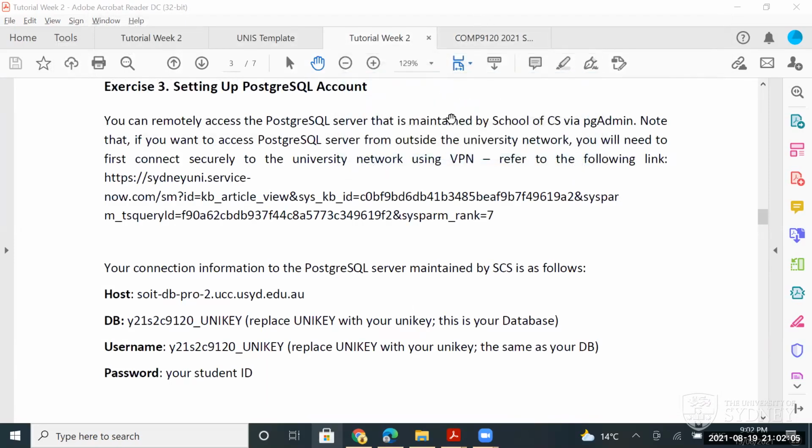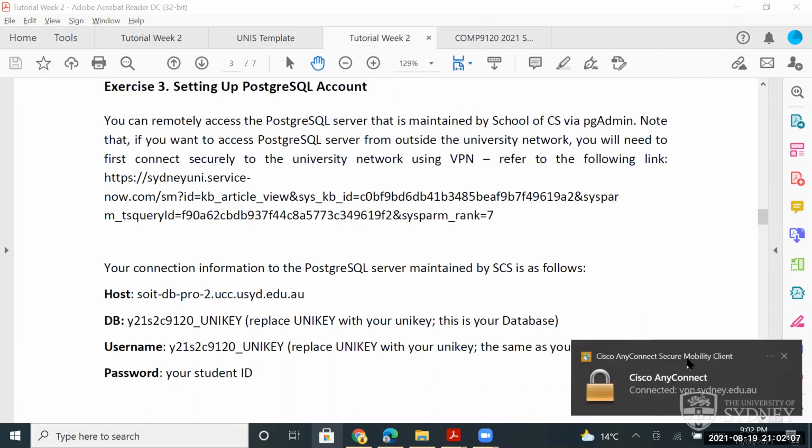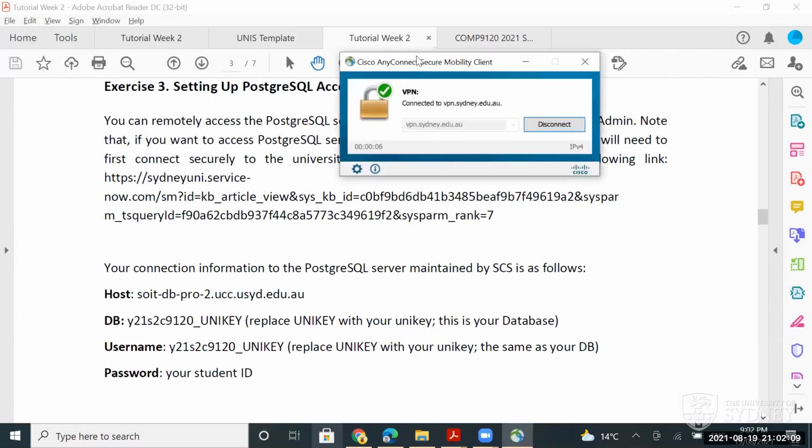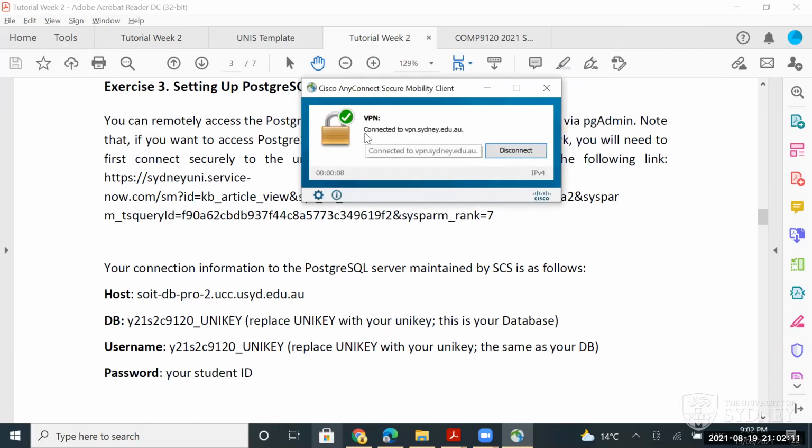Okay, I am now connected. You can see here that I'm connected. You have to make sure that the VPN software here says connected to vpn.sydney.edu.au. So this means you are now connected.